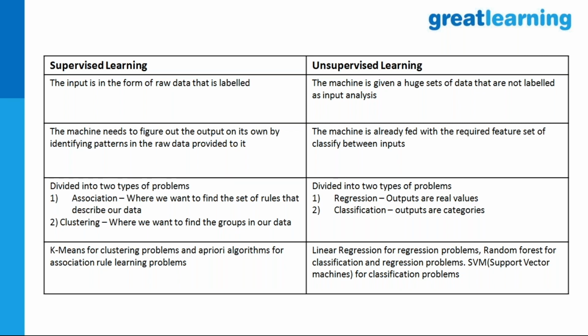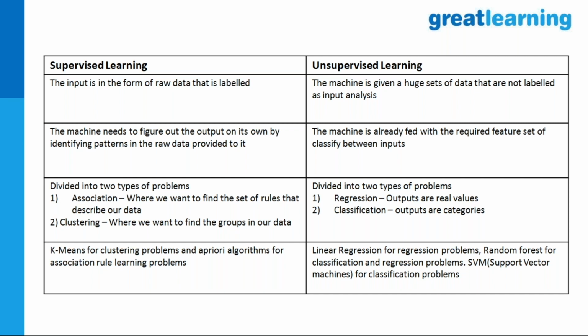The machine will be given a huge data set as input, and then the machine will be classifying it differently. Second row, the machine needs to figure out the output on its own by identifying the patterns in the raw data provided to it. In supervised, the machine is fed with a required feature set of classified inputs.